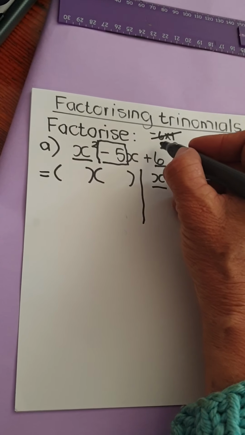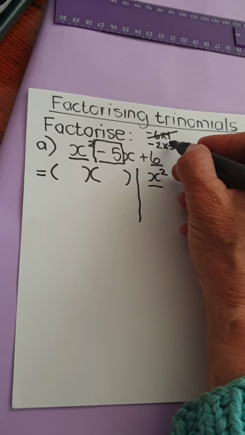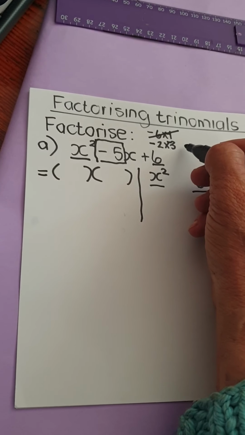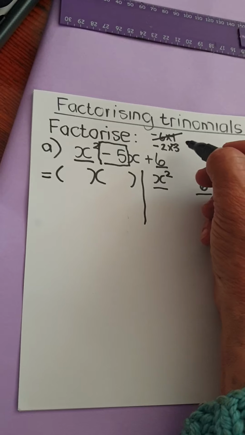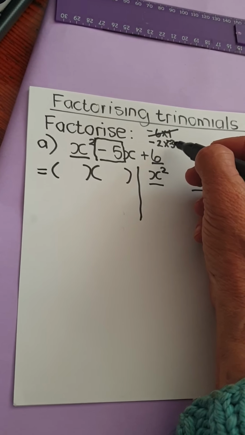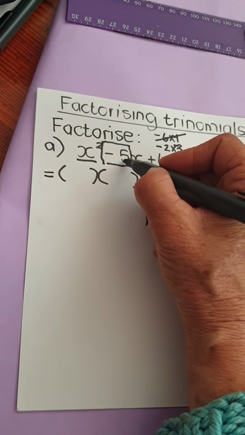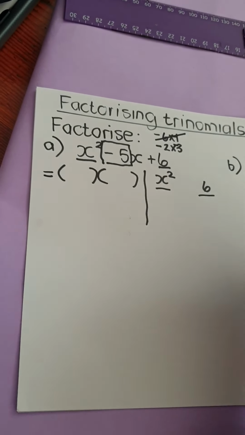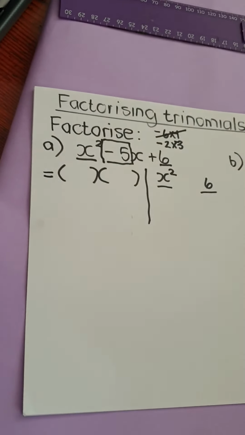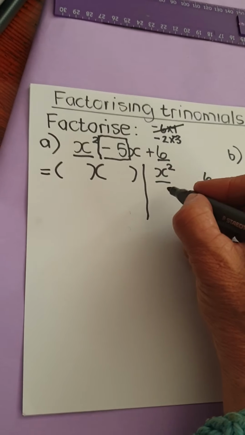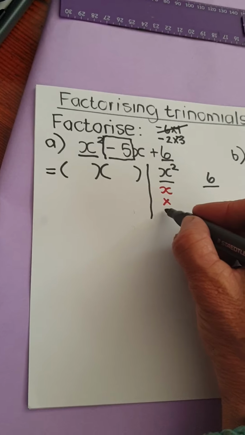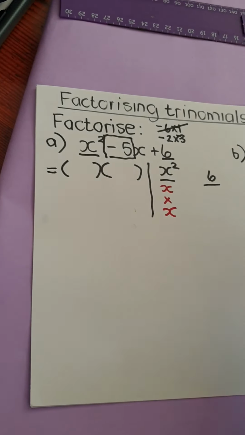But if I use negative 2 times negative 3, when I multiply it gives plus 6, and when I add negative 2 and negative 3, it gives the coefficient of the middle term, which is negative 5. So that is what I'm going to use. We do it exactly the same way for the first term in the bracket. Factors of x squared is x times x.